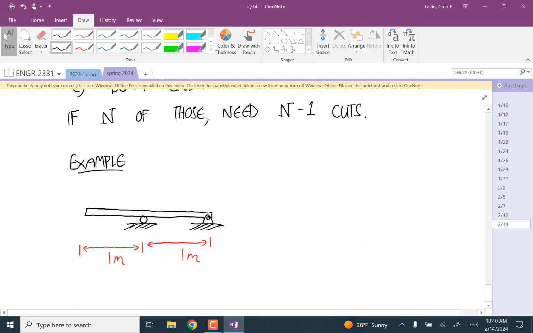And let's say this is a 1,000 Newton force, and we'll have an applied couple in the x direction of 200 Newton meters.